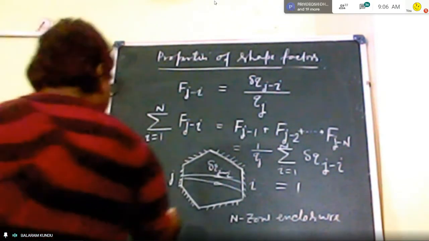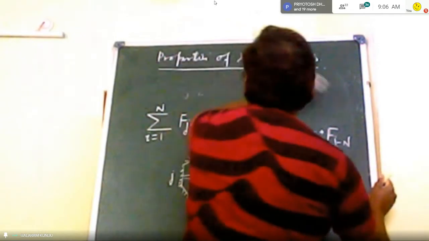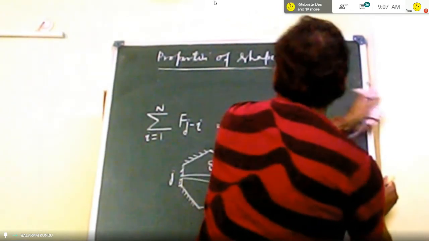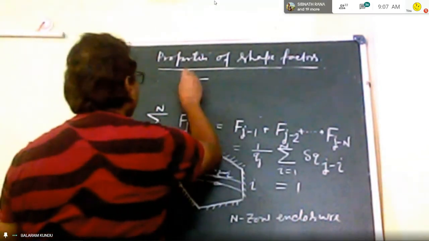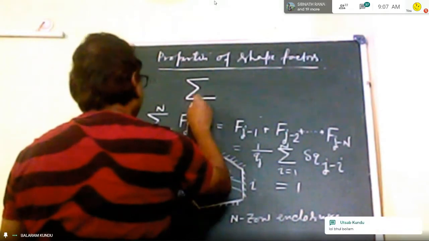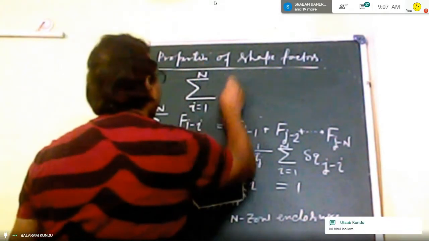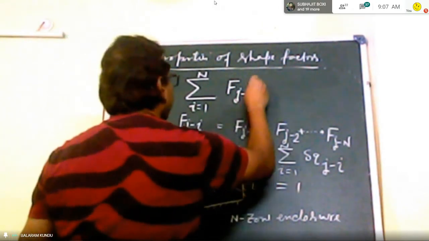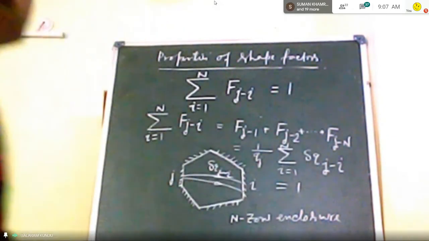So finally we can write the summation of I equal to 1 to n of F of J to I should be equal to 1.